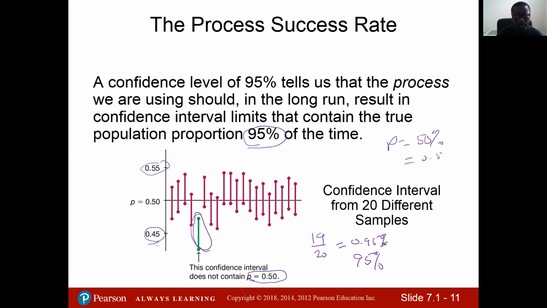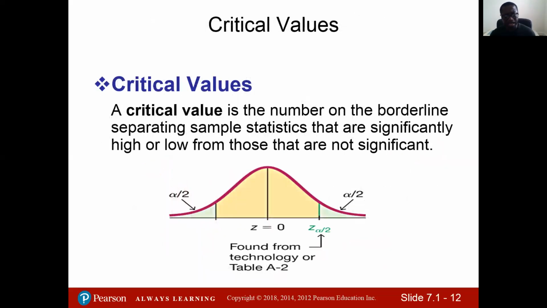Okay. So we also need to talk about what we call the critical value. Remember we have talked about these critical values before. When we were given Z alpha, we said that the critical value is a Z value such that we have alpha area to the right.